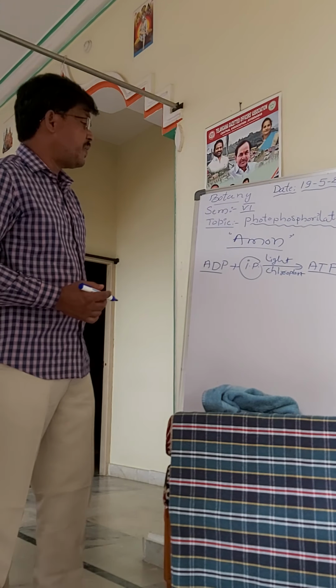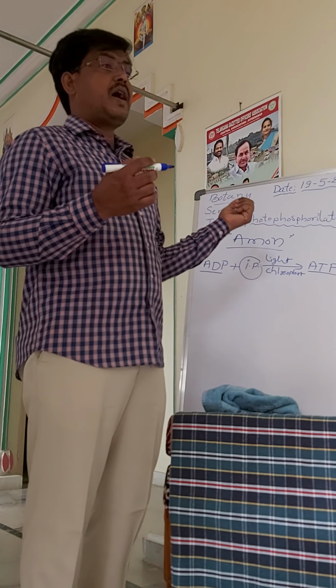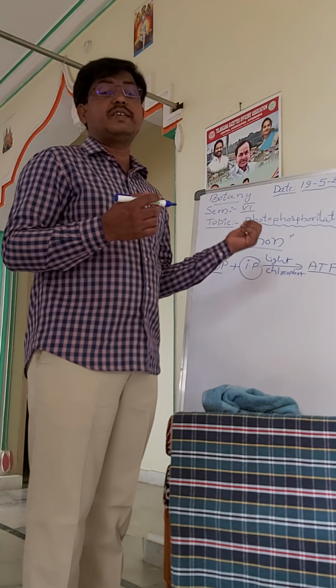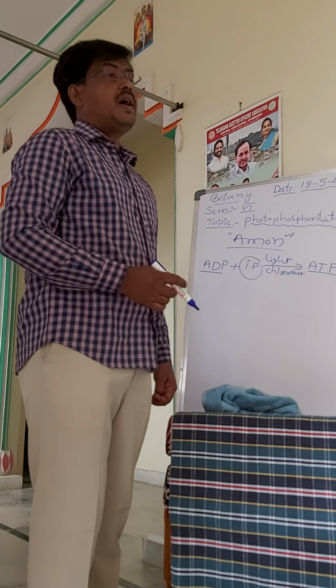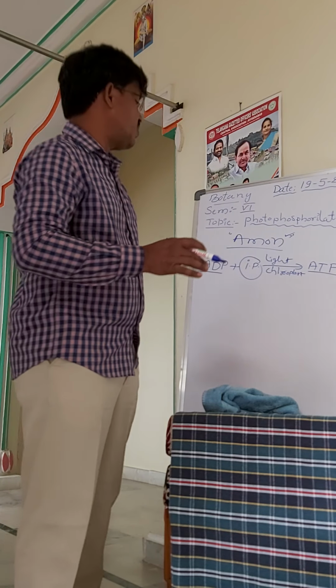This photophosphorylation was first expressed by Arnon. It is of two types. What are they?